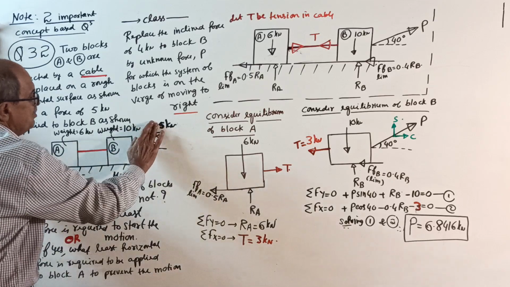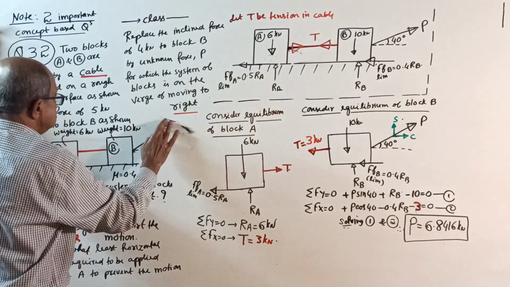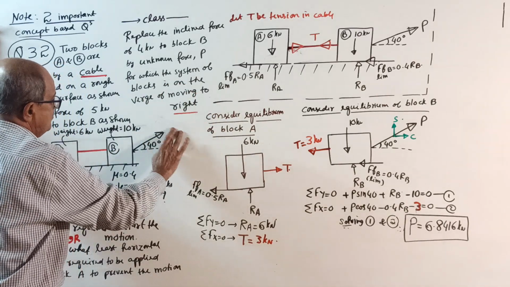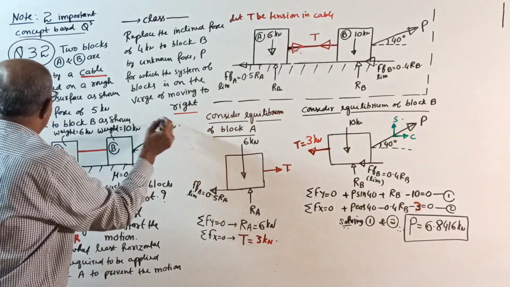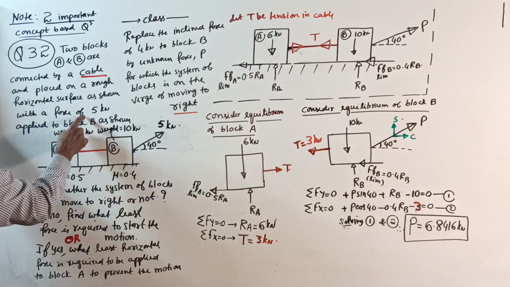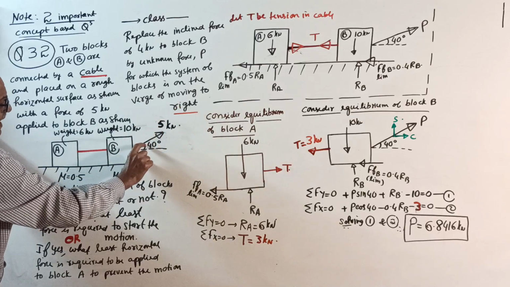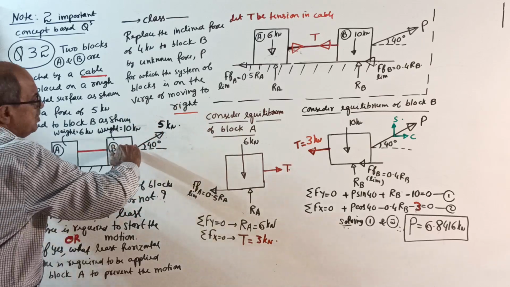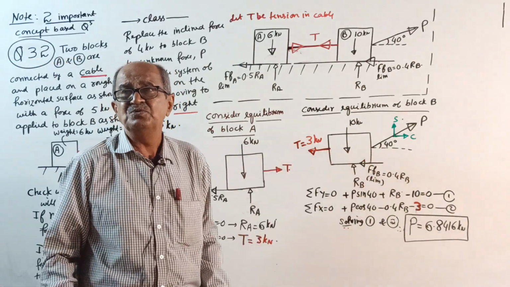Means some 5 kilonewton load is applied here, as shown in figure. With the force of 5 kilonewton applied to block B as shown. Means inclined force at an angle of 40 degrees. If I give horizontal force, when you go to solution, it becomes easy for you. Okay.